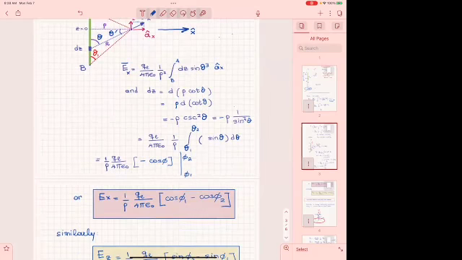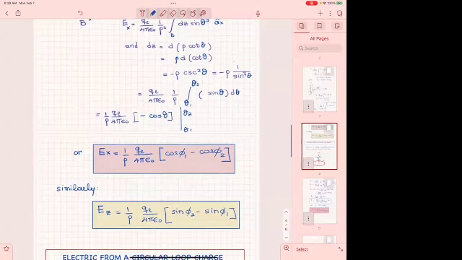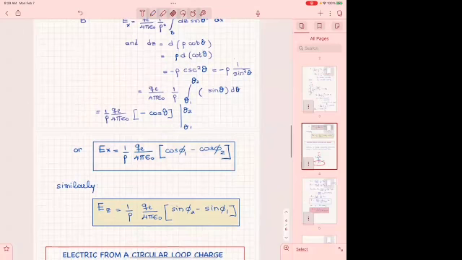And that gives me a very well-known integral, a very well-known function, cosine theta, from theta 1 to theta 2. These are simple derivations. I don't want you to memorize them. I want you to understand them. All right, I'm not going to ask you to write those by heart, but I want you to understand what we're doing.